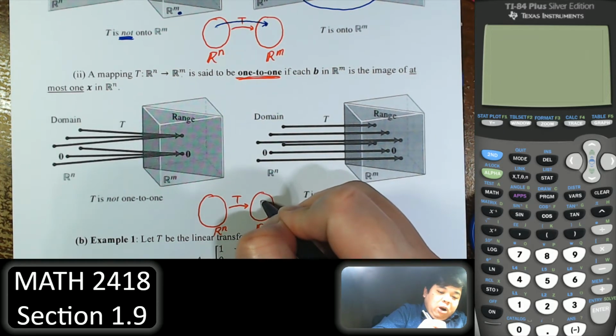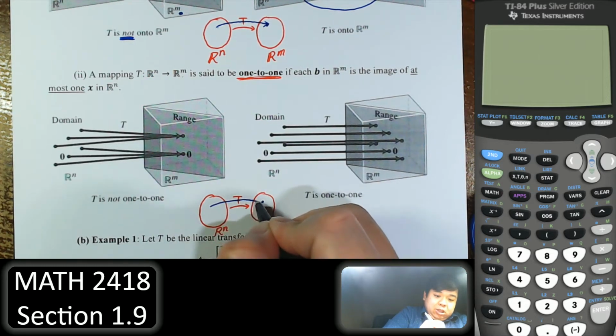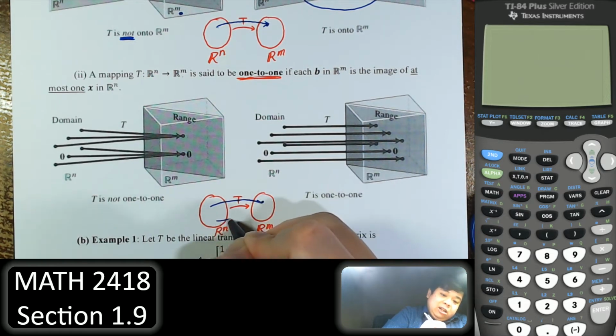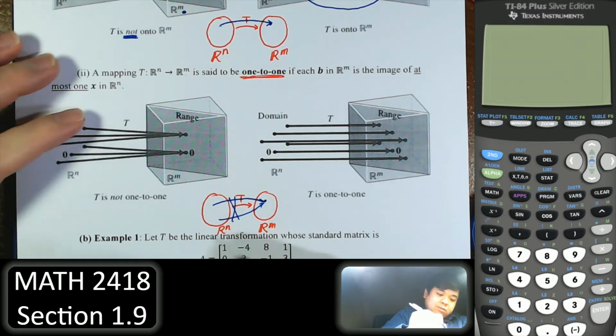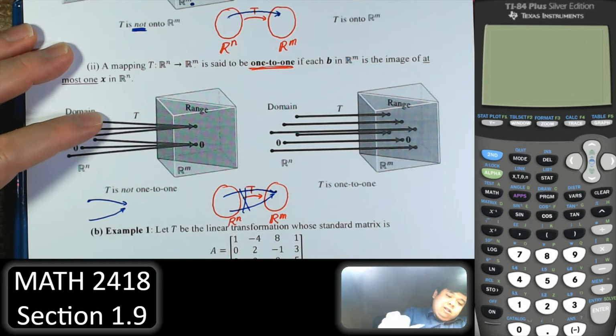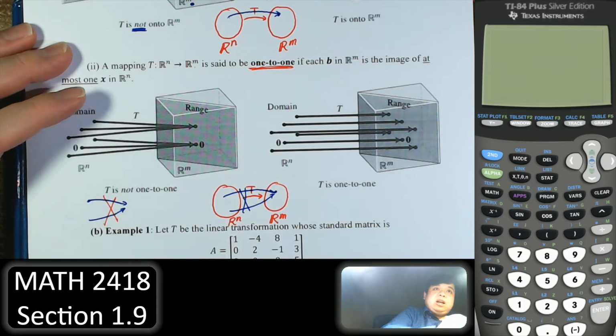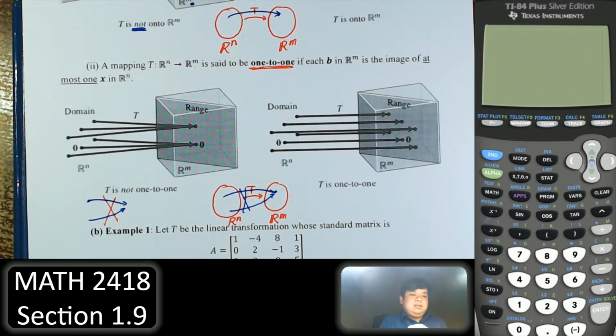So if we have one x, there may be an arrow to it. But what we cannot have is two points shooting at the same target. So this is not one-to-one. We cannot have two points shooting at the same point on the target.